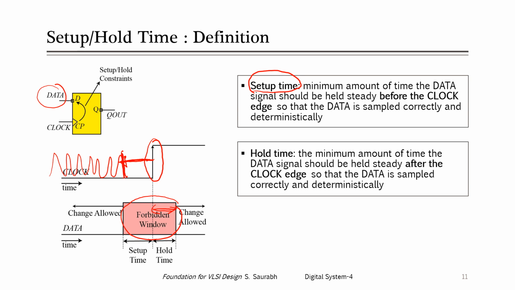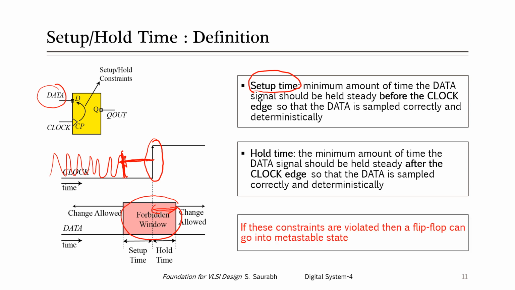So when we use flip-flops in our digital circuits, we should ensure that the setup time constraints and the hold time constraints are met, right? Meaning the data which arrives at the D pin shouldn't change in the forbidden window, which is defined by the setup time constraint and the hold time constraint.